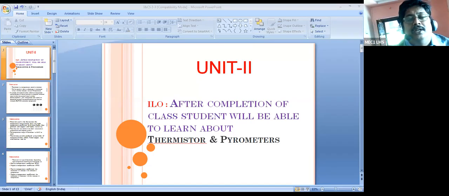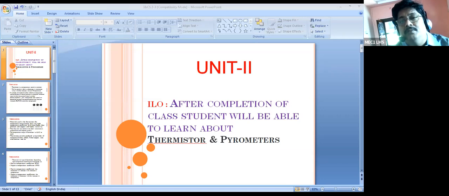The major difference between Thomson and Peltier and Seebeck is that the Peltier and Seebeck effects occur only in a thermocouple, but in the Thomson effect we deal with a single metallic rod or single conductor, single material, which is not in the thermocouple.